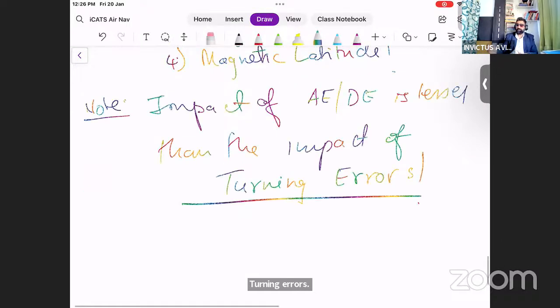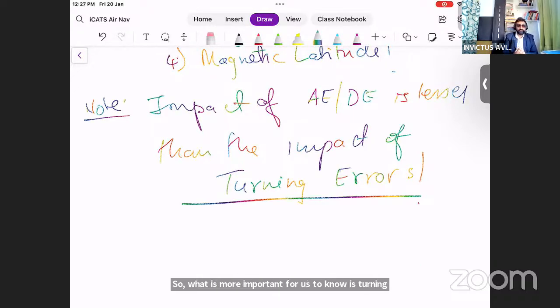So what is more important for us to know is turning errors. Acceleration also, turning also. Turning takes more emphasis. Why? Think about it. Why?